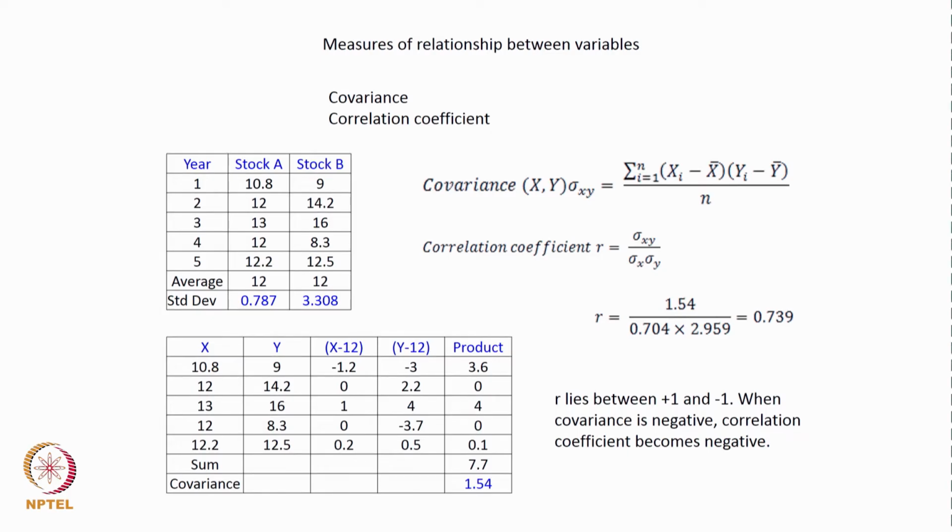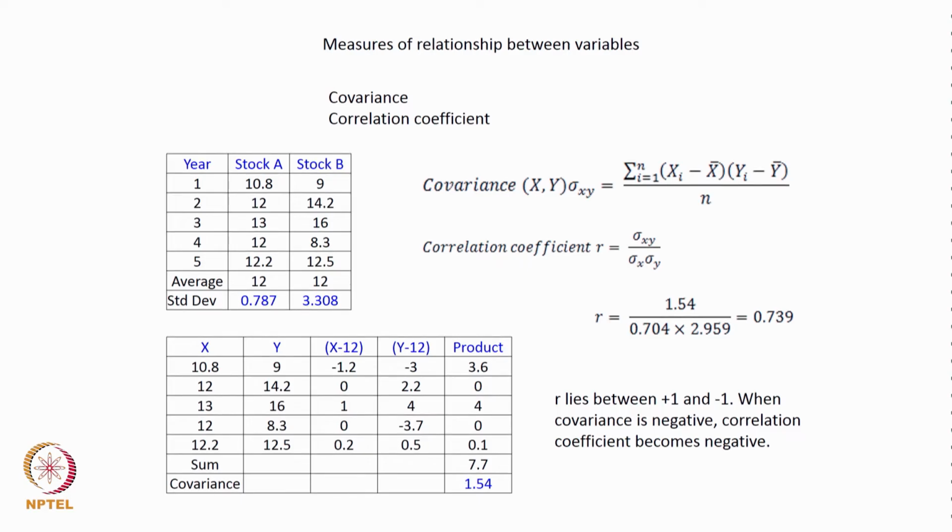Now sigma xy can become negative because that will depend on the sum of the products. In this case, it is 1.54. We could have a situation where there are a lot of negatives in this column and the sum has become negative. Therefore, correlation coefficient can become negative. That is the first thing that we need to understand. That is because covariance can become negative, and therefore correlation coefficient can also become negative.